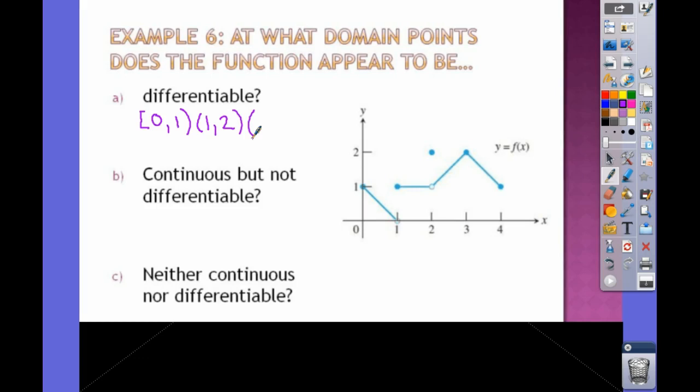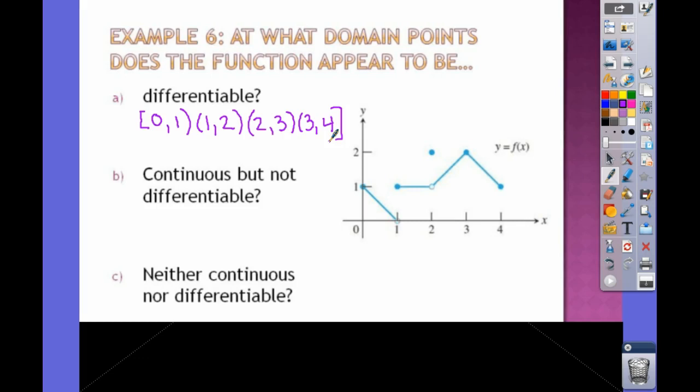Okay, where's my next interval? From 2 to 3, and 3 to 4. Where is it continuous but not differentiable? It's not continuous at 2 though.